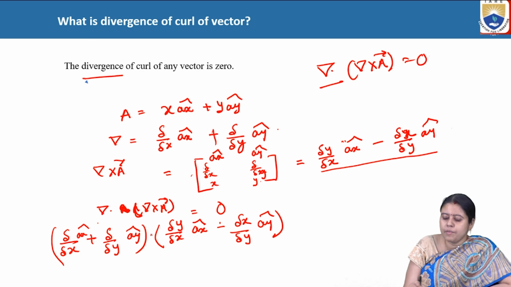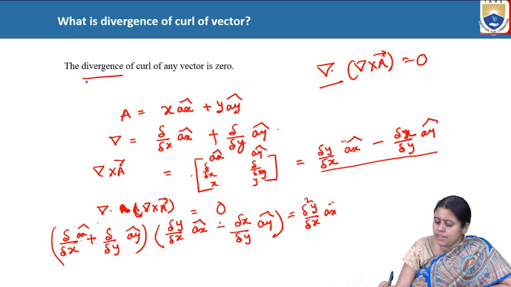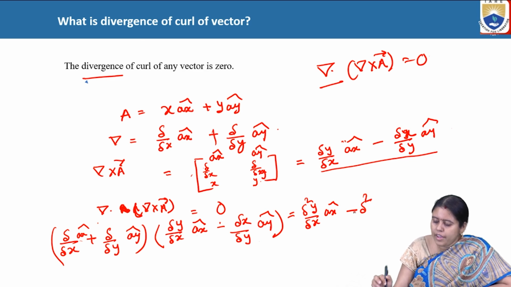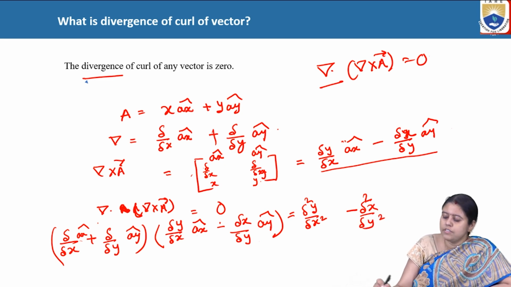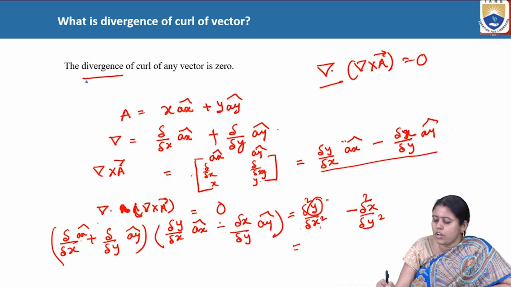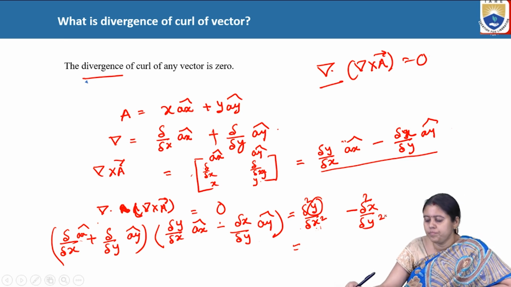In the dot product, similar terms we can write, dissimilar terms will be 0. So we are getting del square y by del x squared AX minus AY, 0, and del square x by del y square is equal to 0. Y is a constant with respect to x, so both will become 0.